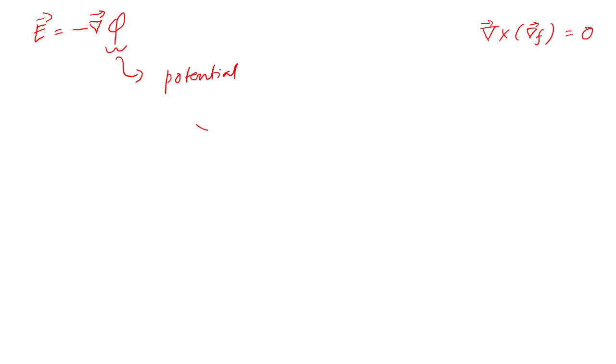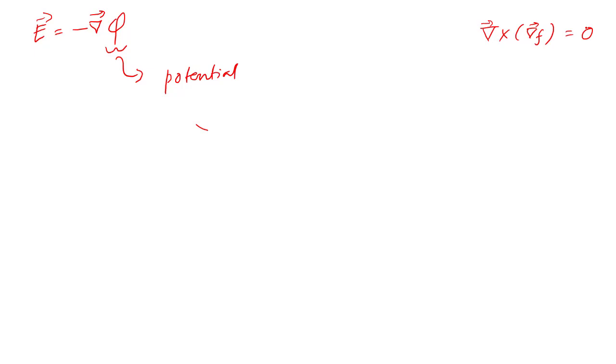Now why this becomes important is because of Stokes' theorem. If you recall, we did Stokes' theorem right after Gauss's theorem in chapter 1, and in the case of Stokes' theorem, we were looking at the curl, and just like the case of divergence, we got a relationship between the integrals, right?